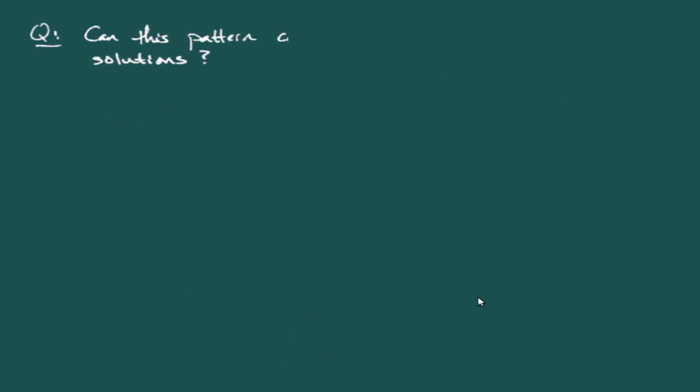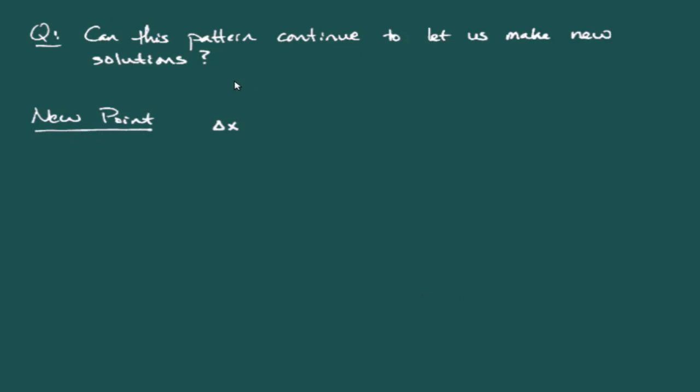And so one thing that we can ask is, does this pattern actually continue to let us make new solutions, or was this just some kind of coincidence? Let's see if we can generate a new point. Our pattern was we were adding 3 to the x value.